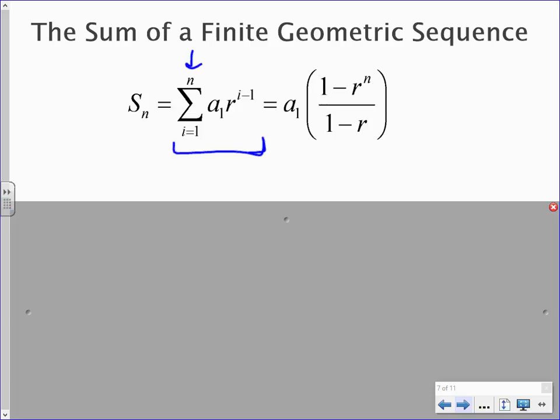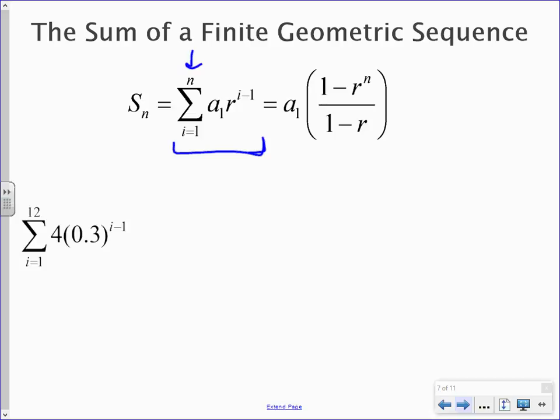So you have your first term times 1 minus r to the n, where n is how many terms we have, all over 1 minus r. This is not a difficult formula to set up, but you need to be very, very careful when you are typing it into your calculator. Go ahead and write down this series right here.